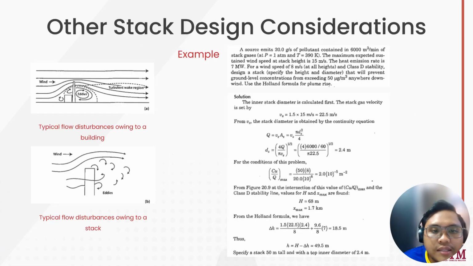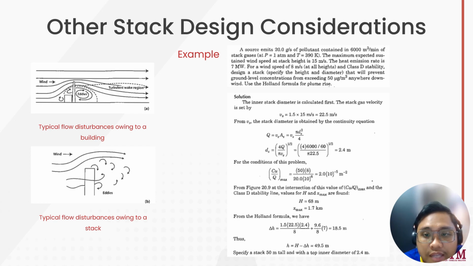Alright, for the subject of other stack design considerations, we have two examples: typical flow disturbance owing to a building, and typical flow disturbances owing to a stack. Following the example, a source emits 20 grams per second of pollutant contained in 6,000 meter cubed per minute of stack gases at pressure equal to 1 atm and temperature of 390 Kelvin.